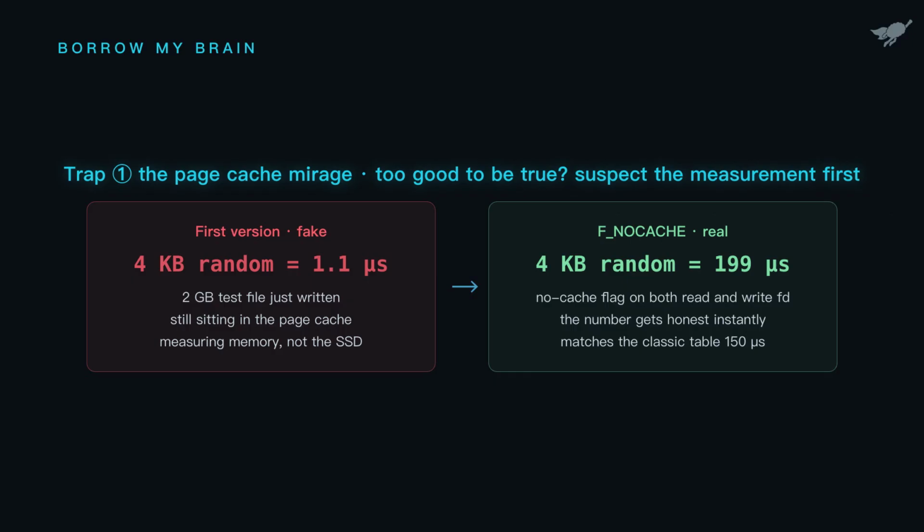I wasn't measuring the SSD at all. I was measuring memory. On macOS, you have to flag the file descriptor to bypass the cache on both the write and the read, and the number instantly got honest. 199 microseconds. The lesson in 1 sentence. When a number is too good to be true, doubt your measurement first, and the world second.